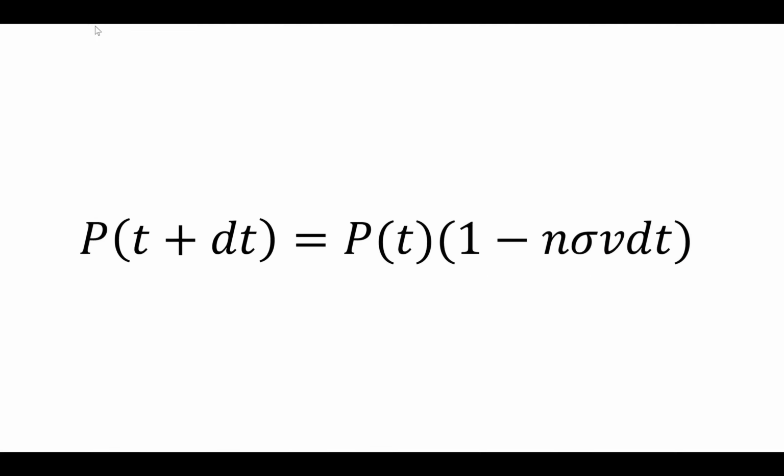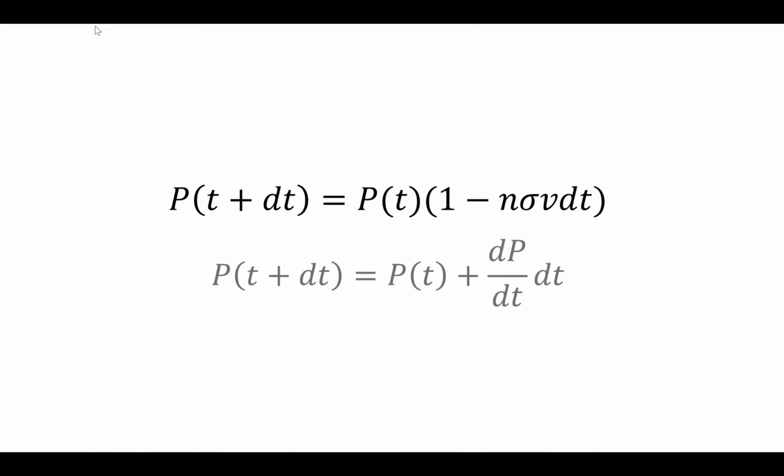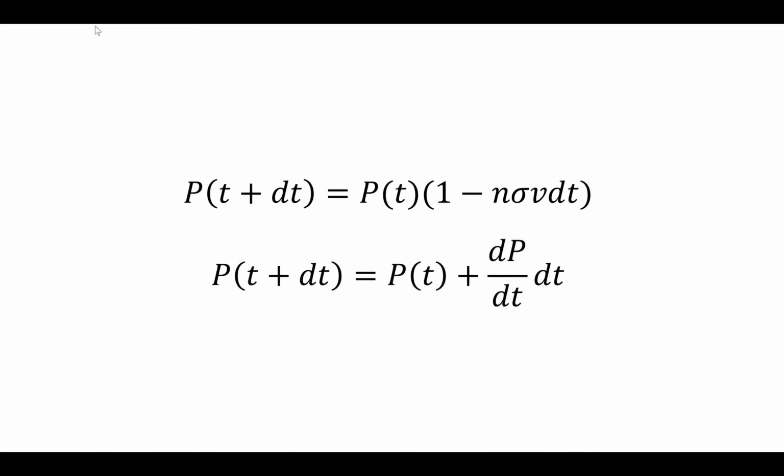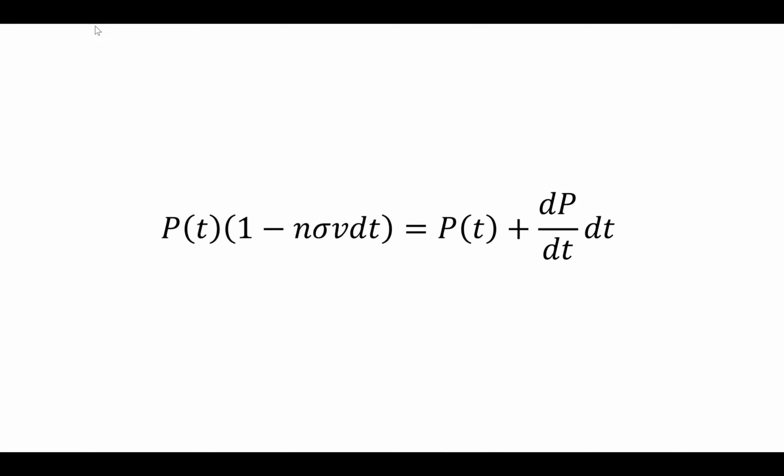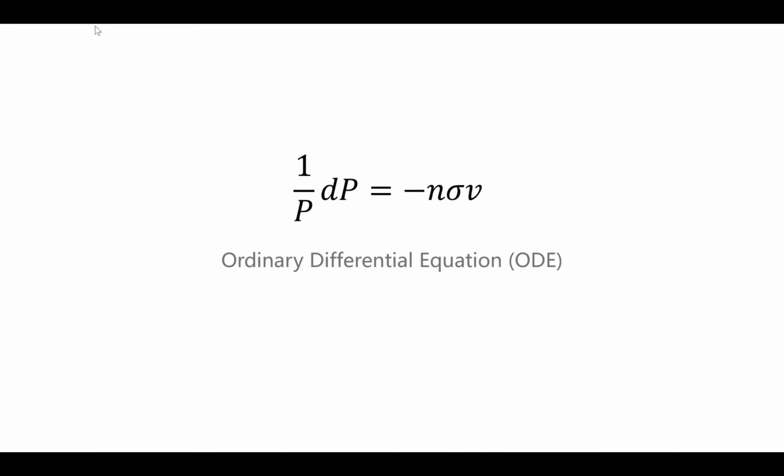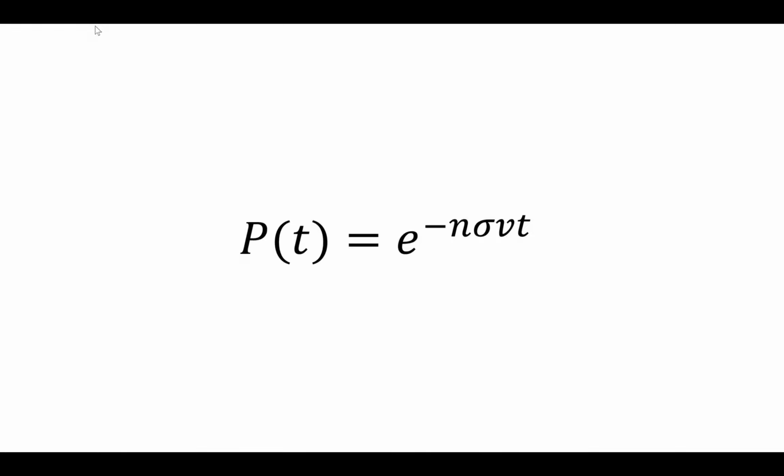So mathematically, we can write it this way. We have two equations describing p of t plus dt, so we'll set them equal. We can solve this equation to find this ordinary differential equation, which can be solved very easily. I'll just quote the solution here. The probability is e to the power of negative n sigma v t, where e is just the usual 2.71828 number.